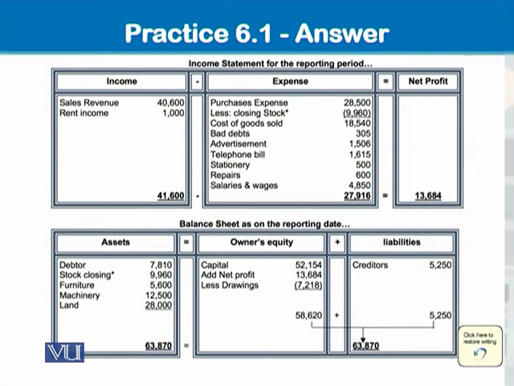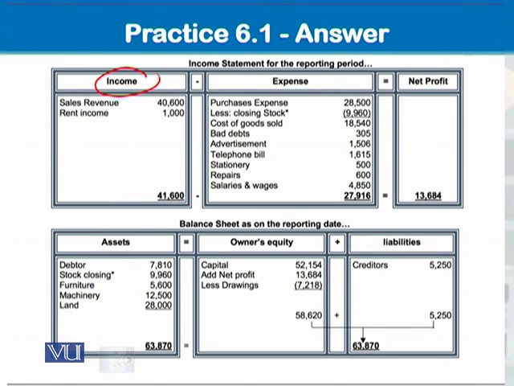Okay, let's move forward. We know very well that for income statement, the equation is income minus expenses equals net profit. Got it? Great. This is what we are preparing, income statement. So the equation of income statement is income minus expense is equal to net profit.